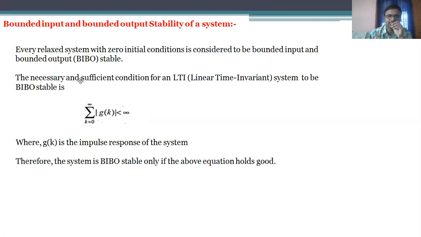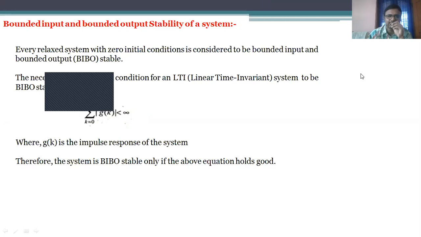And the necessary and sufficient condition for linear time invariant systems to be bounded input, bounded output stable is the sum from k equal to 0 to infinity of the modulus of g of k less than infinity, where g of k is called the impulse response of the system.